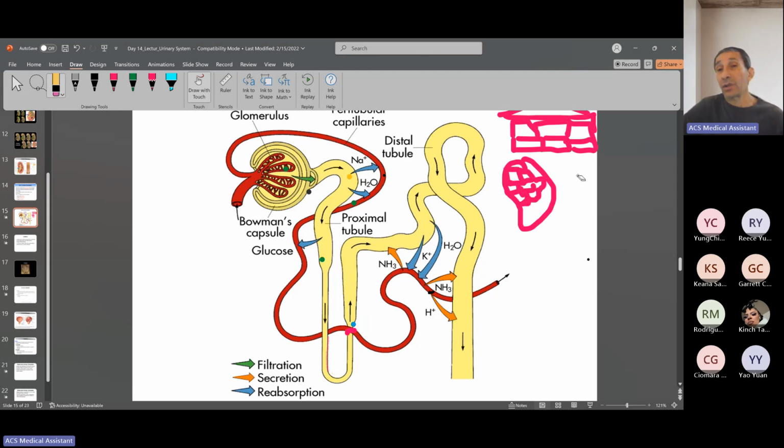If I collect all the wastes from each one of these nephrons, that's why we have all this urine. But one nephron, we couldn't even see because it's microscopic. So how are we going to see the waste that this nephron made? But with the collection of all of them, now we're going to see all this urine.